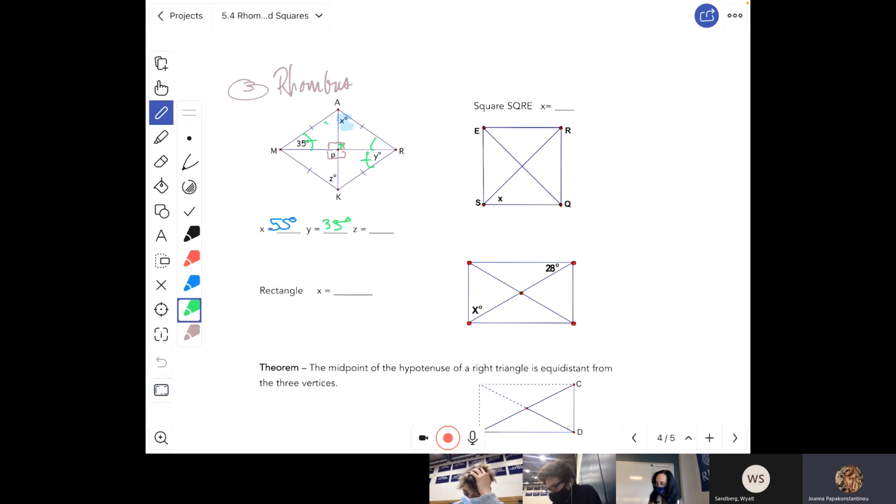If you're going this route. Well, actually, we don't have to go that route. We can use the fact that this is congruent to this, since this diagonal is an angle bisector. And then, like you said, 35 plus 90, subtract that from 180, the sum of the three interior angles, I do have that z equals 55 degrees. And x is 55 degrees.